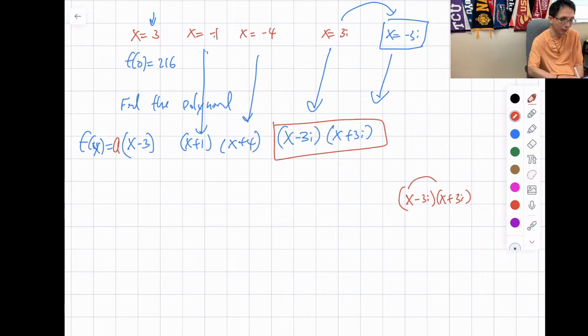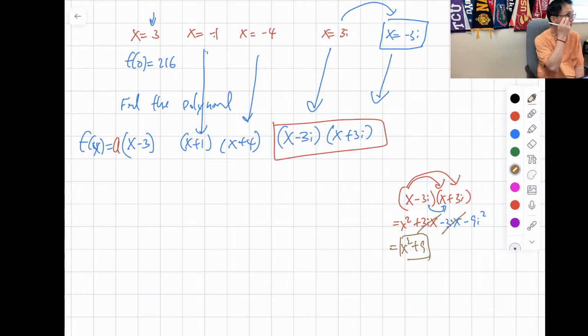Just work it out in the traditional way. x squared plus 3ix. Do you see that? Minus 3ix, minus 9i squared. Do you see that? What happened with 3ix and 3ix? And that becomes x squared plus 9. Do you see that?